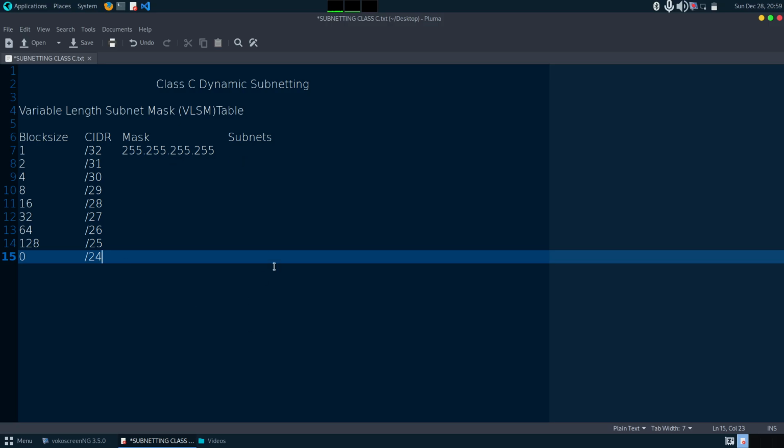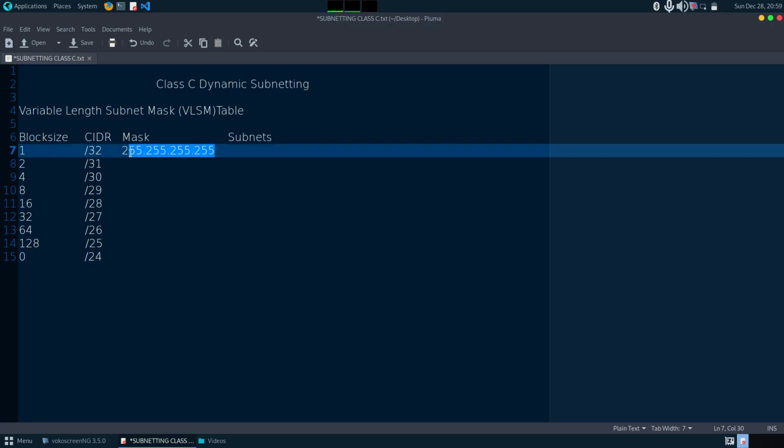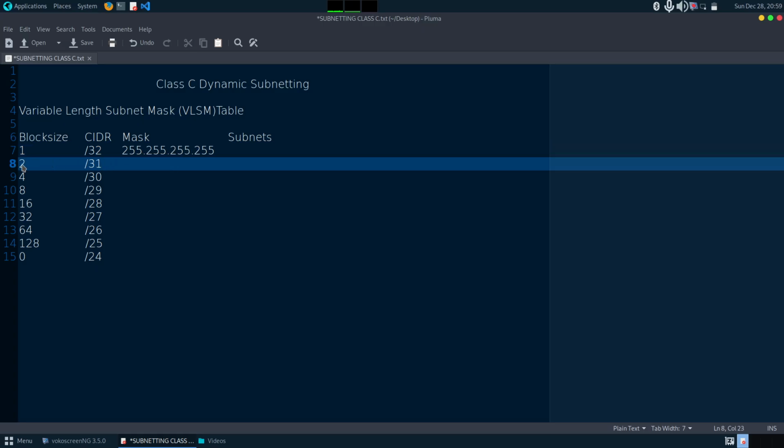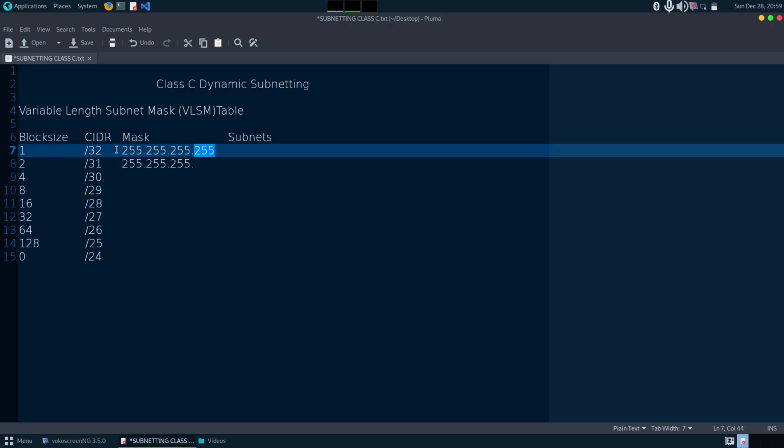So how do we know the mask for the next value, when you're using a block size of 2? Instead of using the calculations we were doing, we take 255 and subtract the block size that is in line with it.